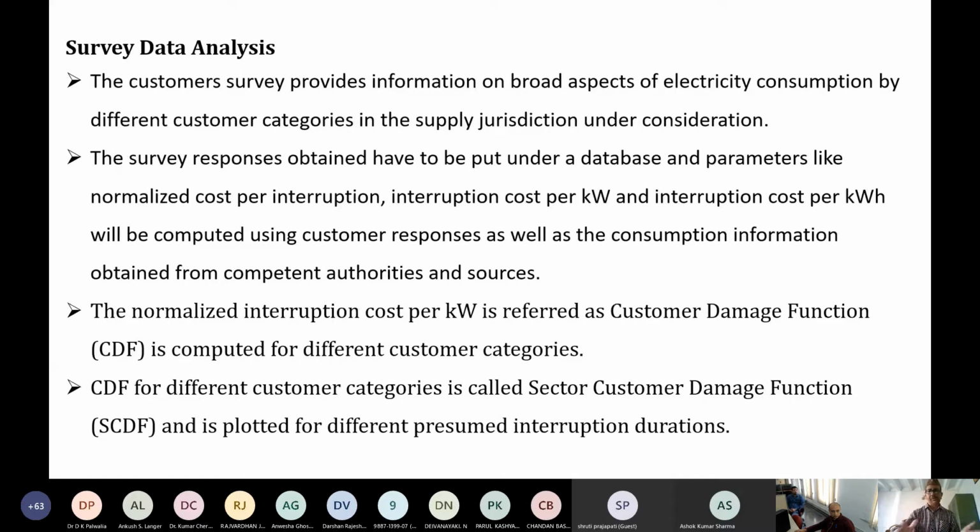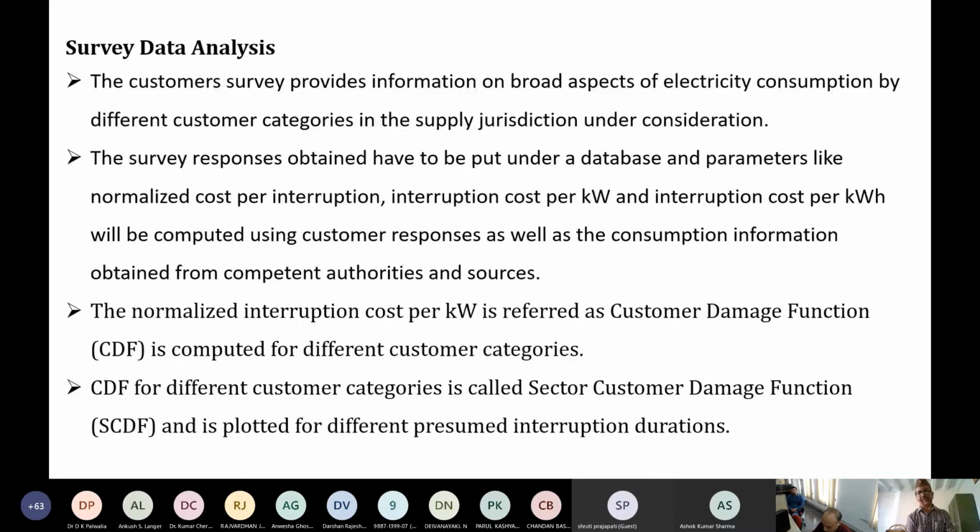And for that particular customer category, we have to find out the average of that value. So the customer damage function for different customer categories is called the sector customer damage function. Meaning for one particular category, if it is residential, then this is the residential customer damage function, which is called the sector customer damage function.